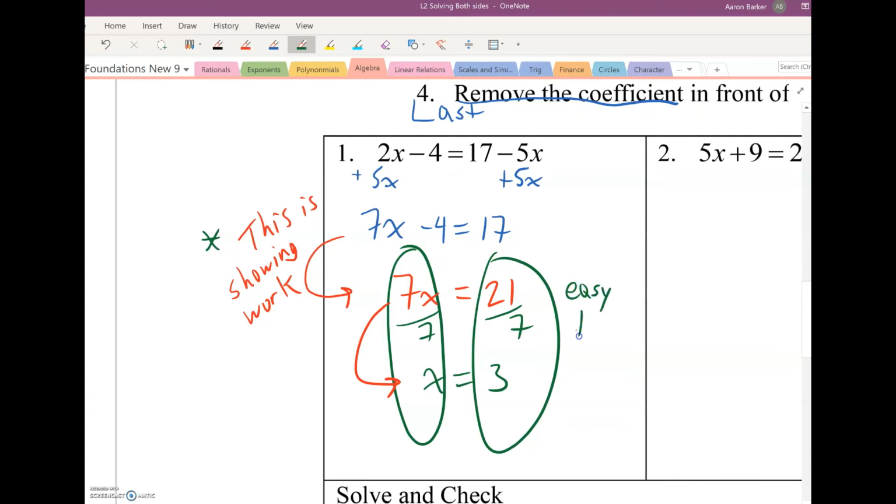You want to make sure that they line up vertically so you can see the changes and so you can see your work. X equals 3. Make sure you line those up vertically.